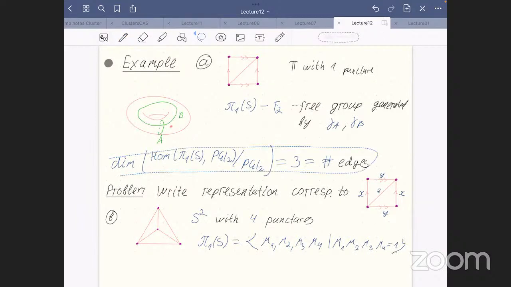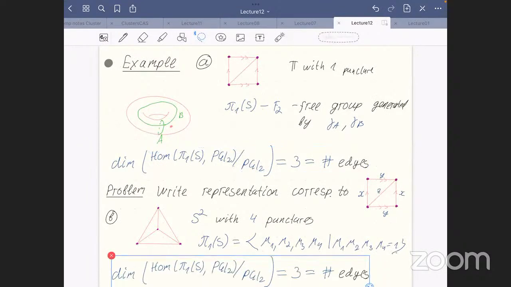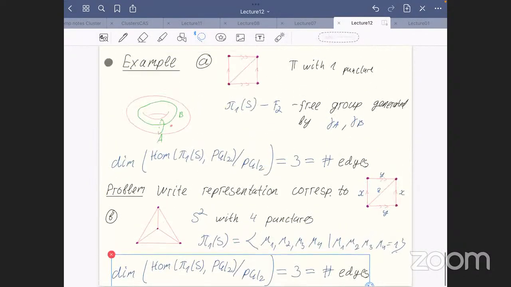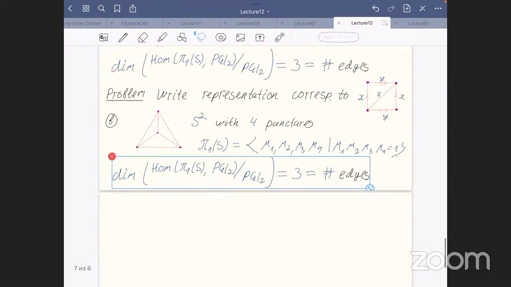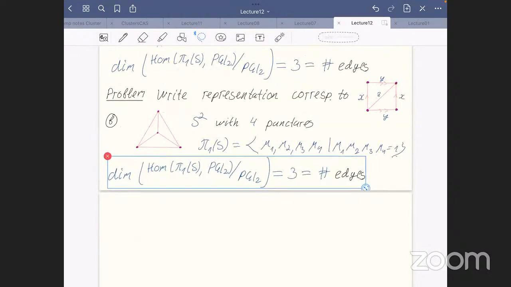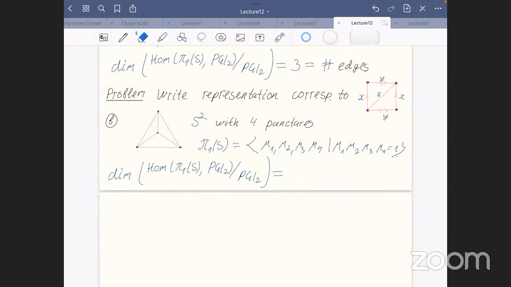And let us again compute the dimension of the space of homomorphisms. Who can?